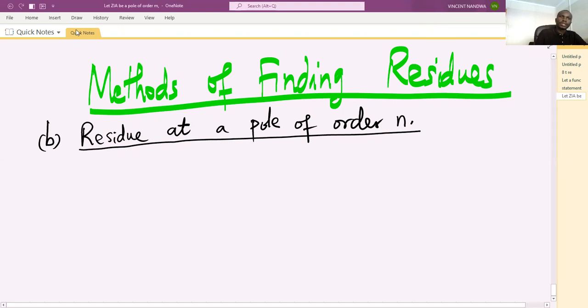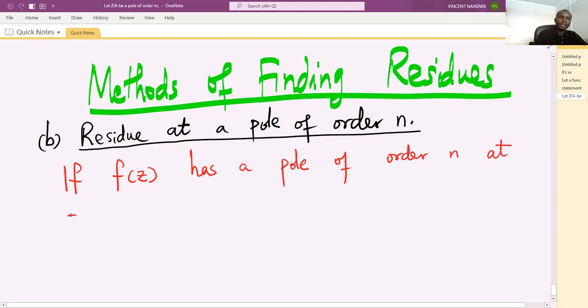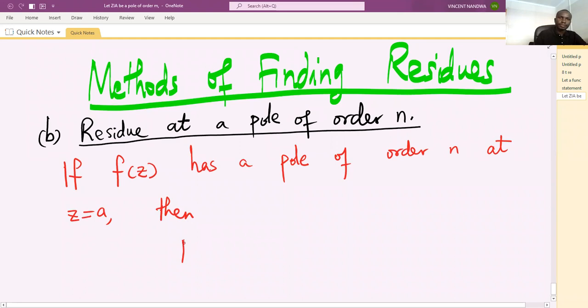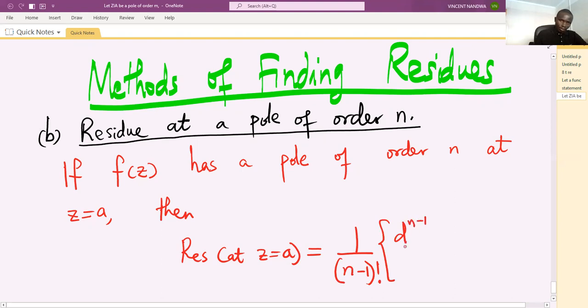So the statement is: if f of z has a pole of order n at the point z equals a, then the residue at this pole is given by 1 over (n minus 1) factorial multiplied by the (n minus 1)th derivative of (z minus a) power n times f of z.